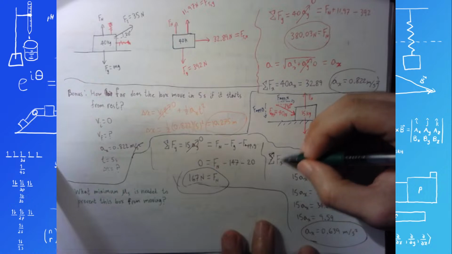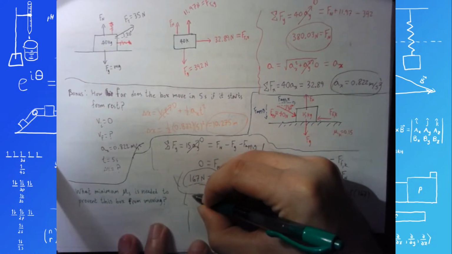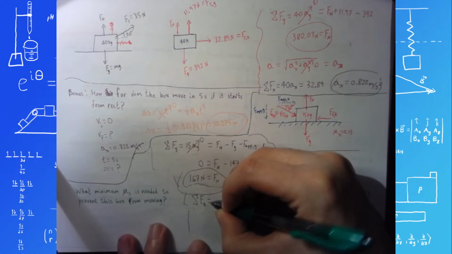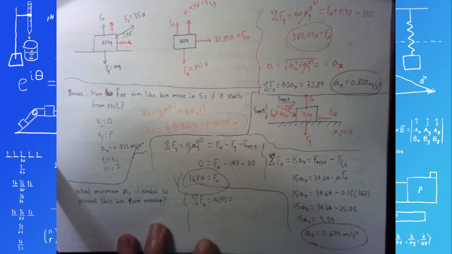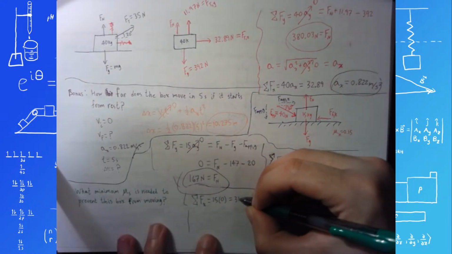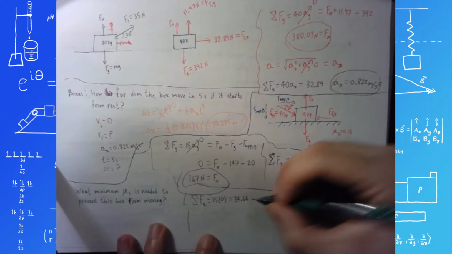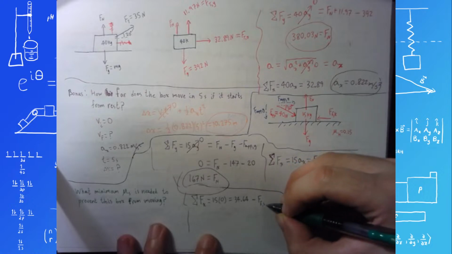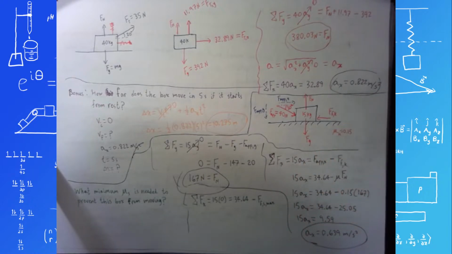So I want to rewrite my net force x equation and set my acceleration to 0. Net force x equals 15 times 0 is equal to 34.64 for the horizontal part of the applied force, minus force of friction static, and I want it to be maxed out.